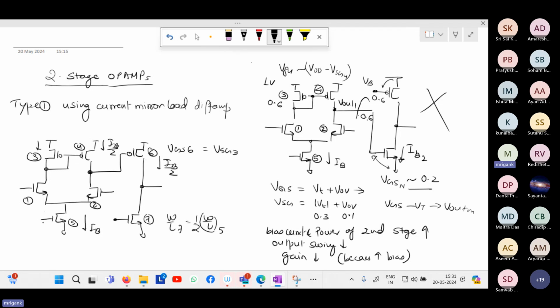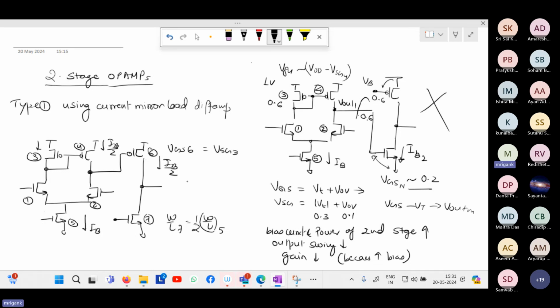So in this case, what is the overall small signal gain? Sir, GM into R out, that is GM1 into R of 3 and 4, multiplied by GM6 into R6 parallel R7.